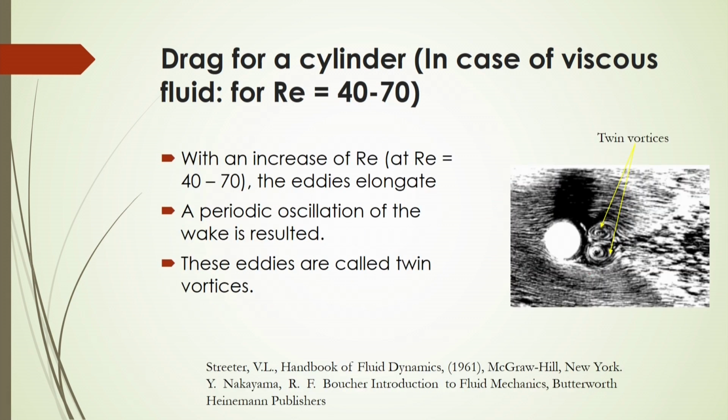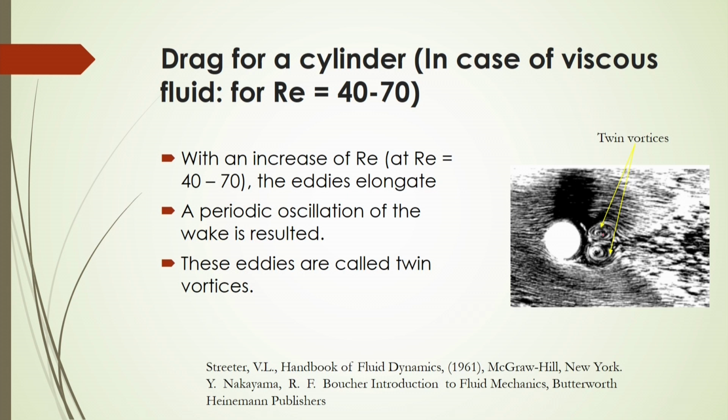Whereas, if the Reynolds number is further increased, what will happen is that at around 40 to 70, the eddies will try to elongate, and there will be a periodic oscillation of the wake, and these eddies will be called vortices. At this Reynolds number range of 40 to 70, you can get the eddy formation like that.